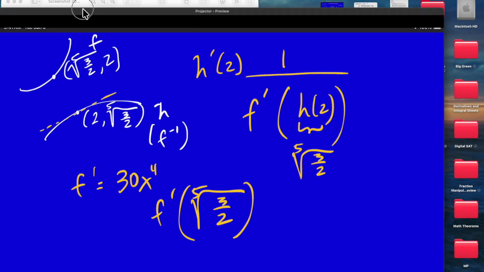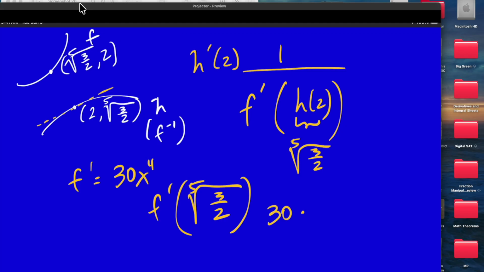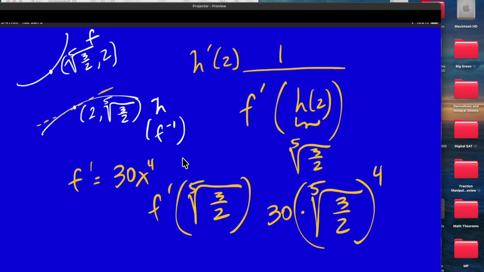So we're going to end up with 30 times the fifth root of 3 over 2 to the fourth power. And for simplicity, we're just going to leave our answer like so. So our final answer is going to be that h prime of 2, or f inverse prime of 2, is just equal to 1 over 30 times the fifth root of 3 over 2 raised to the fourth power.